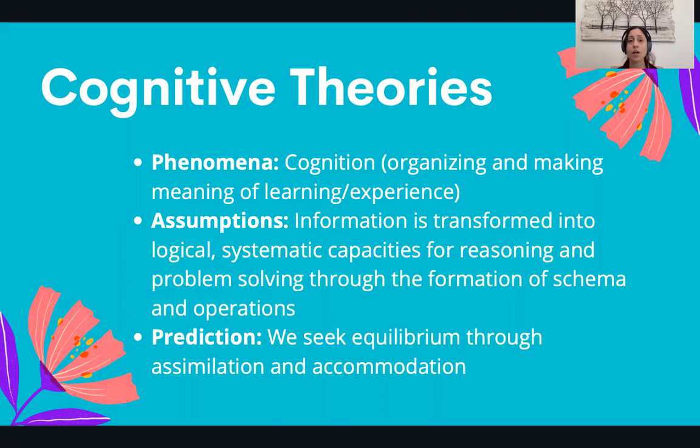So to continue with the dog example, let's say you see another four-legged animal, but this one is smaller and has pointy ears. Well, this one maybe isn't a dog. Now this is a cat. And so now you have accommodated by indicating in your mental schema that four-legged animals could be dogs or cats. That would be an example of accommodation.